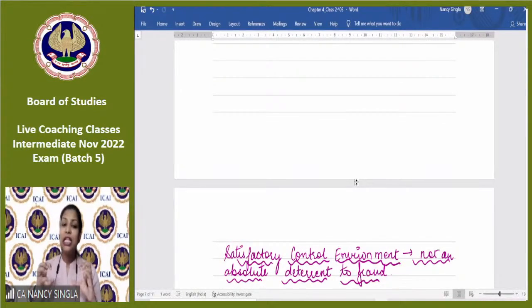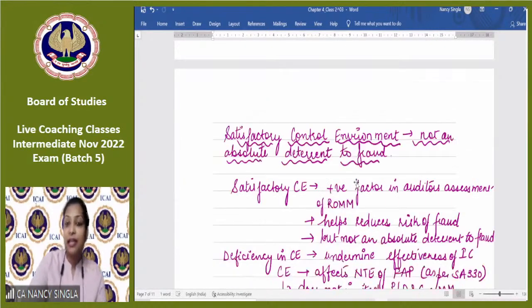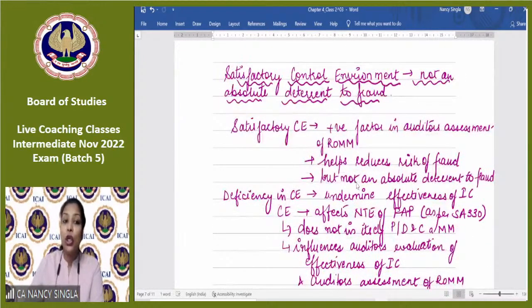So if the auditor is satisfied that the control environment is very strong, is it an assurance that there will be no fraud? The answer is no. A satisfactory control environment is not an absolute deterrent to fraud. What is deterrent? Prevention.